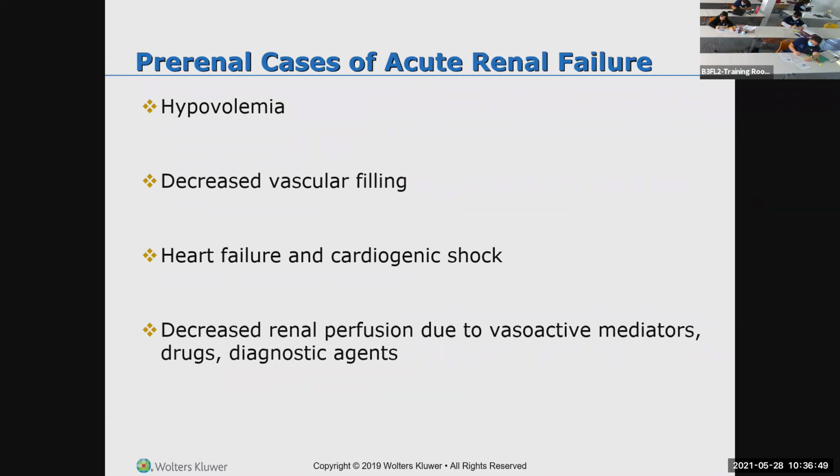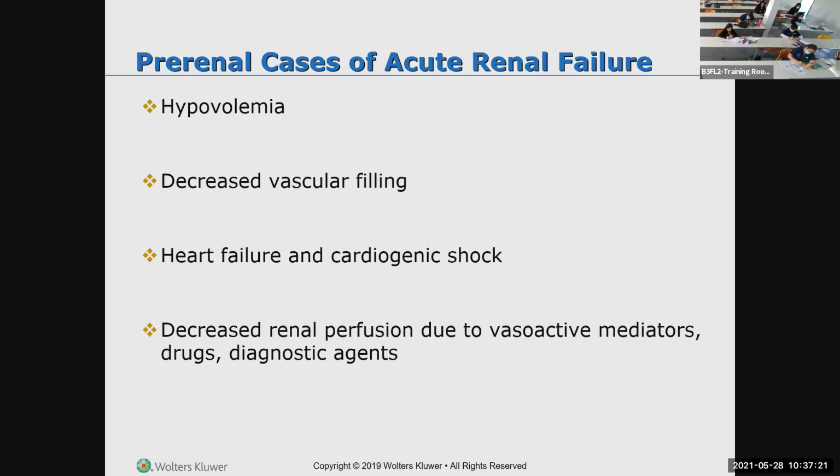Now, pre-renal causes of acute renal failure, please highlight: hypovolemia. Number two, decreased vascular filling. Number three, heart failure and cardiogenic causes.